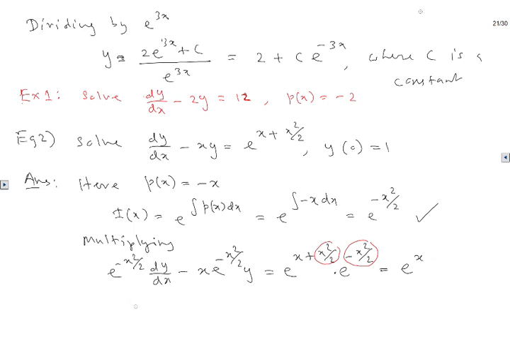So now this side is simply the derivative of y times e to the negative x squared over 2 equal e to the x. Now what we're going to do is integrate both sides.